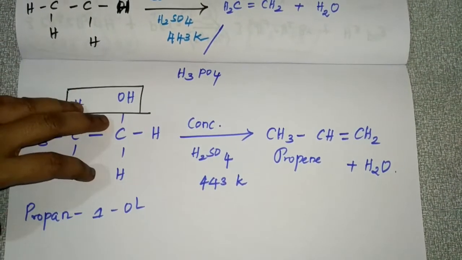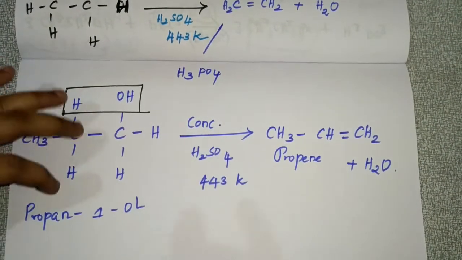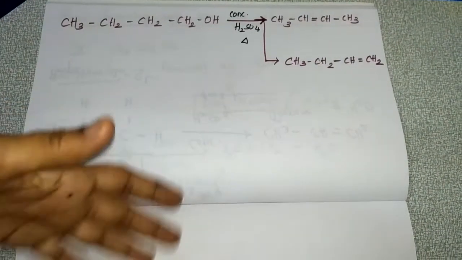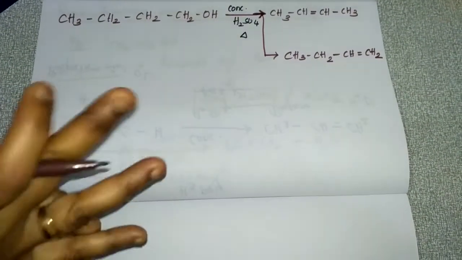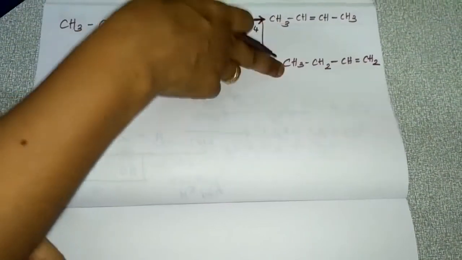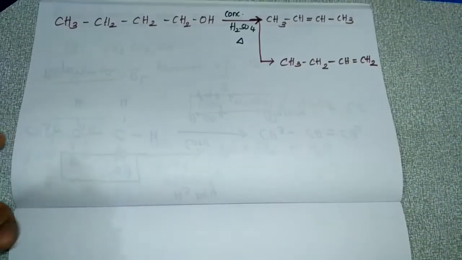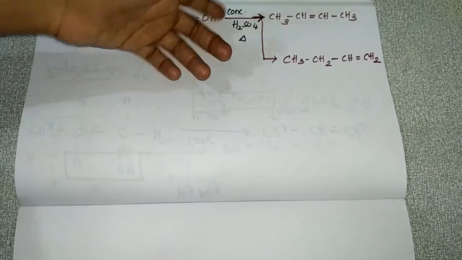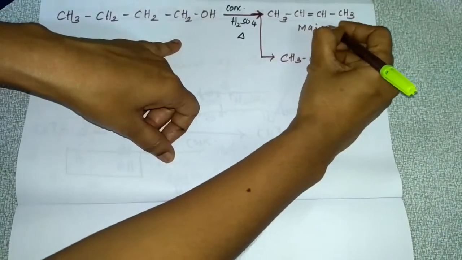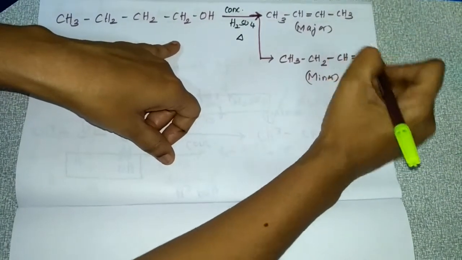Suppose if you are doing a dehydration reaction and it is giving more than one isomer, what you have to do is write which is the major product and which is the minor product. Definitely this will be the major product and this will be the minor product. Why is this the major product?